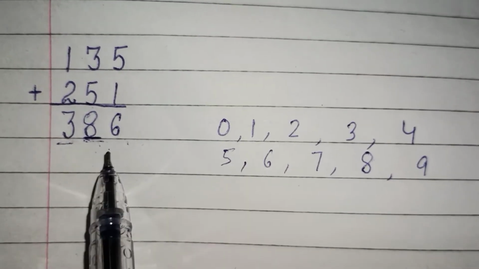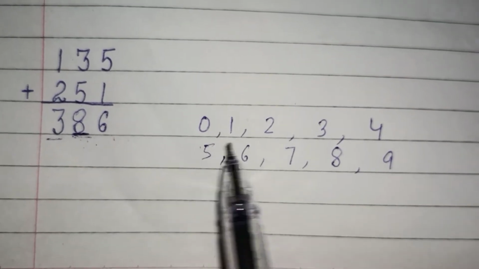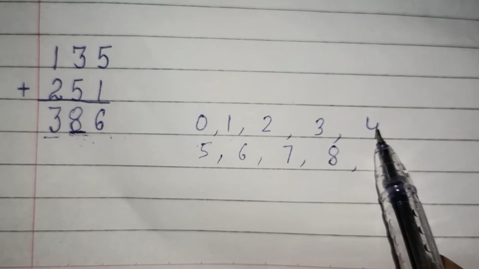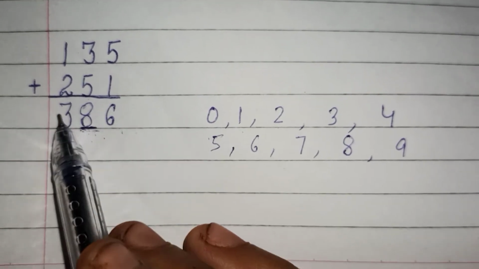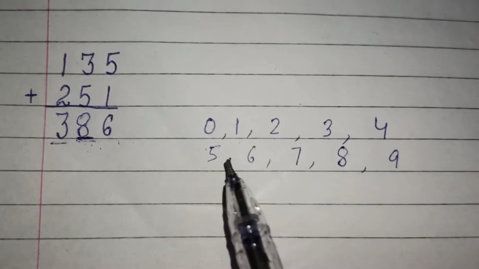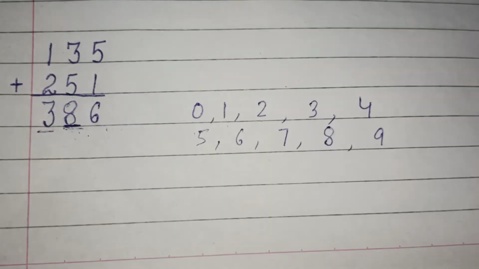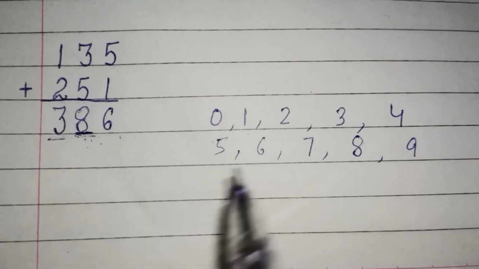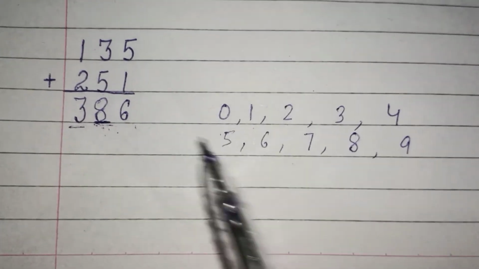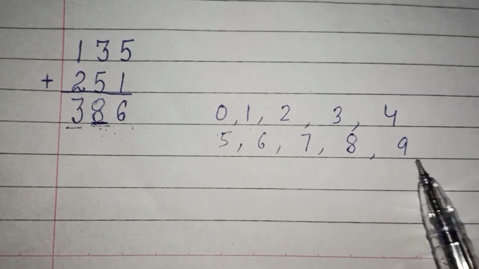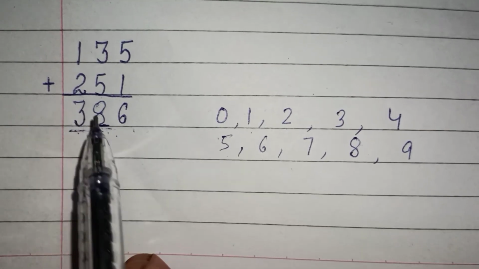Listen once again. If the digit in the tens place is 0, 1, 2, 3 or 4, we will not change the number of the 100 place. But if it is 5, 6, 7, 8 or 9, the number of the 100 place will be changed.